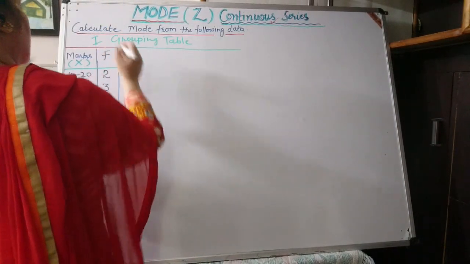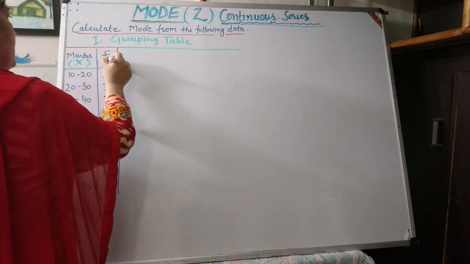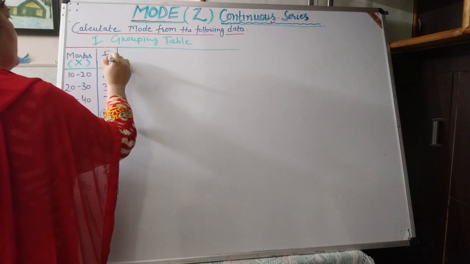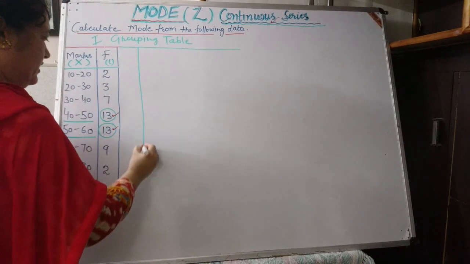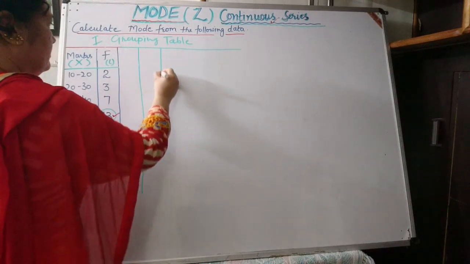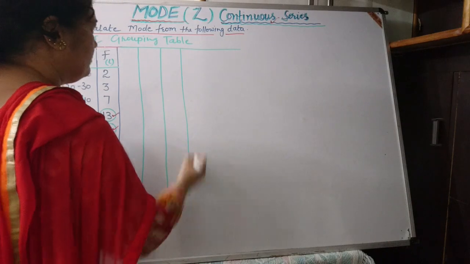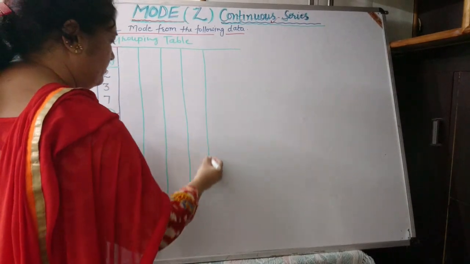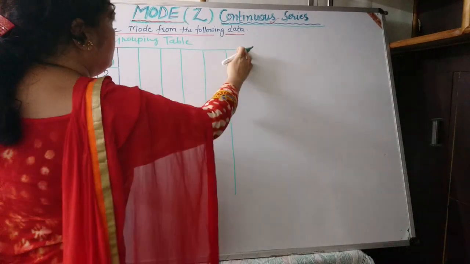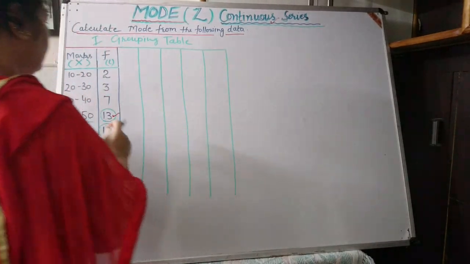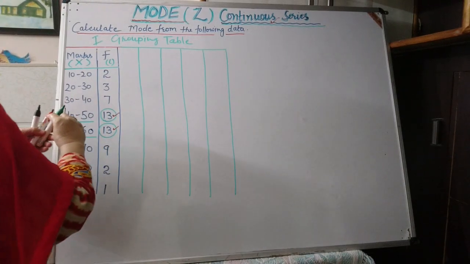This is the grouping table. I am preparing the frequency column, which is the first column. This is the second column, third, fourth, fifth. So a total of 6 columns are required for the grouping table. And now let us start grouping the values.